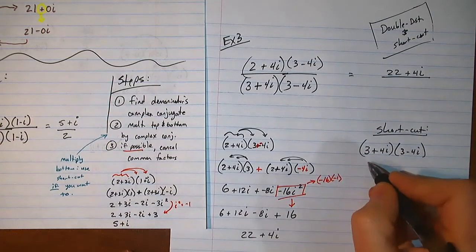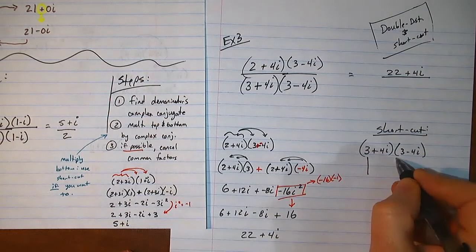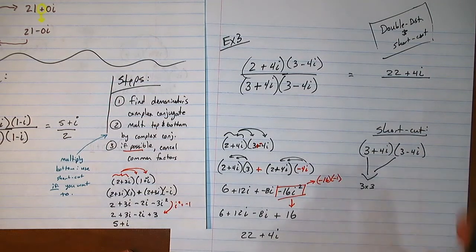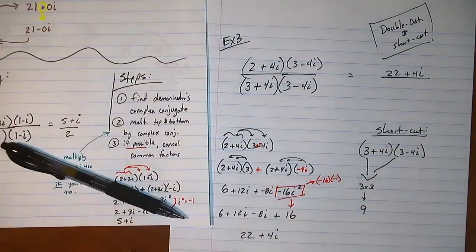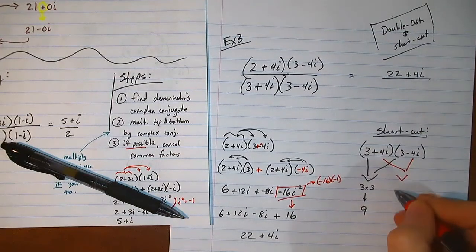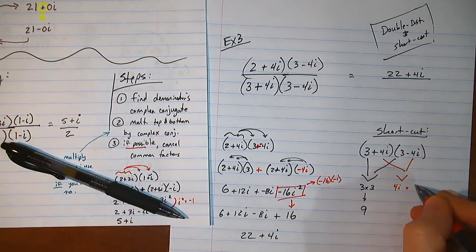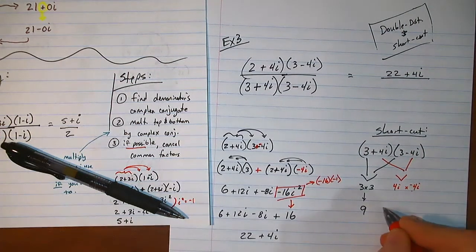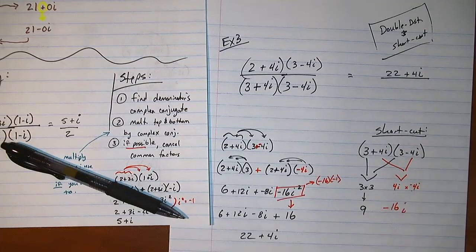So the shortcut tells me, first, I'm just going to multiply the two numbers at the beginning. So 3 times 3 is equal to 9. And then I'm going to multiply the two numbers at the end. So 4i times a -4i. So 4 times 4 gives me a -16. i times i is i squared.